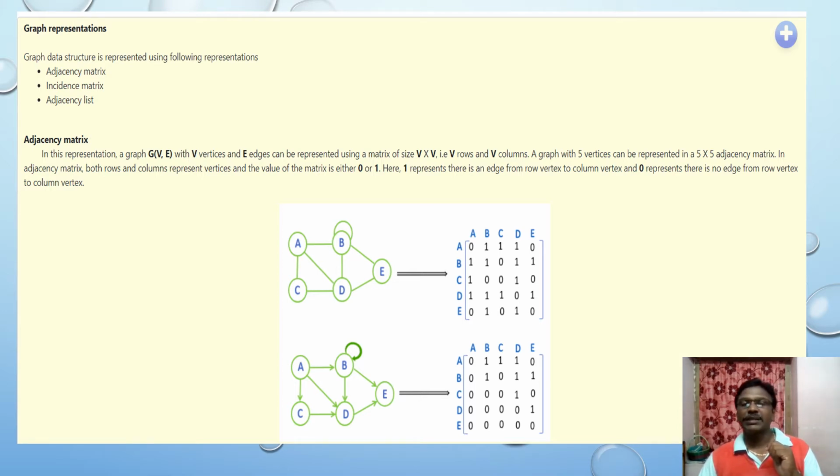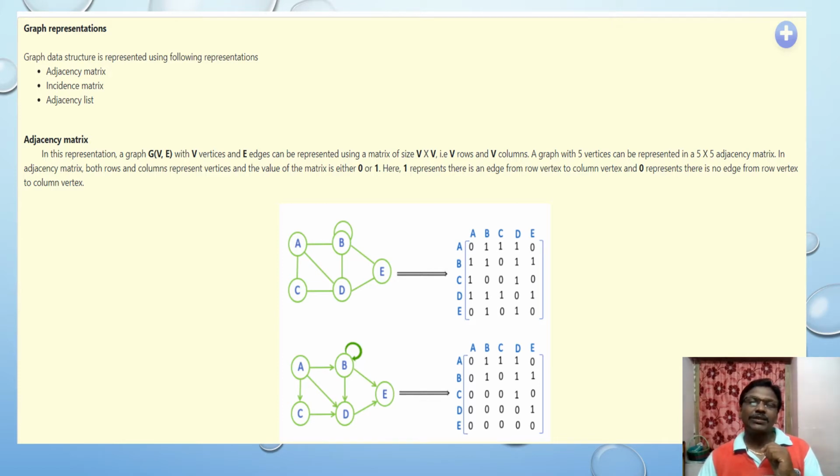Now C, the third row. C is connected only to the A vertex and D vertex. So only C to A and C to D are 1, the remaining are all zeros. And now the D row.